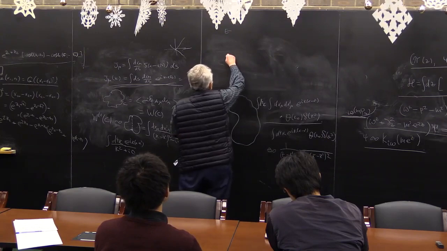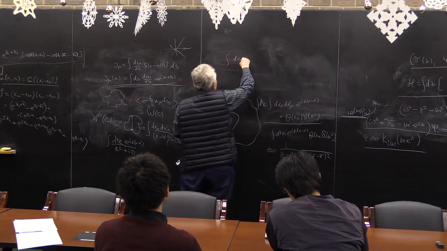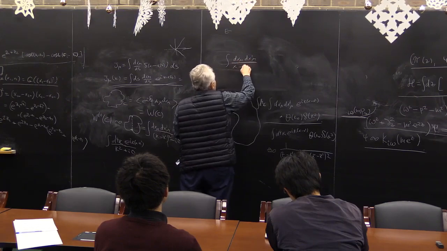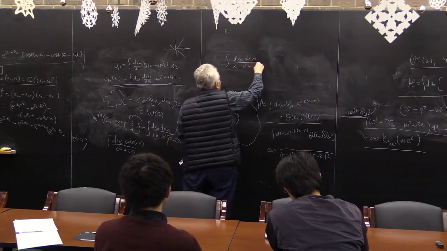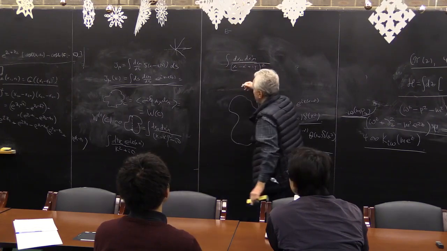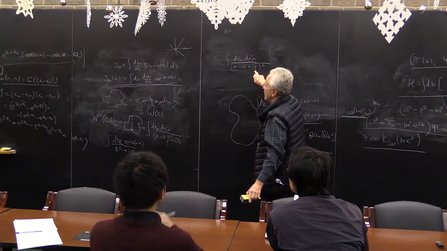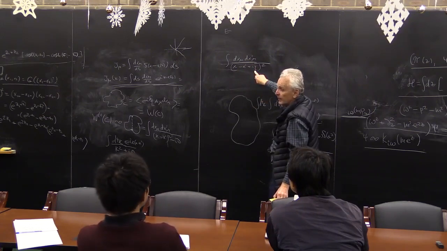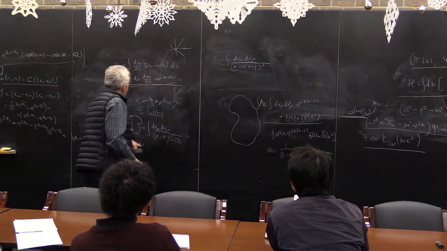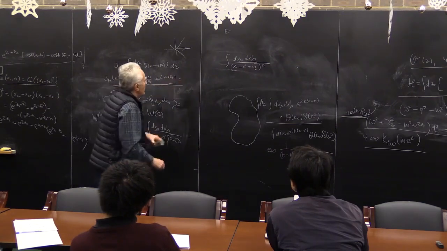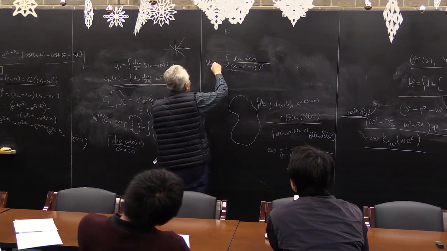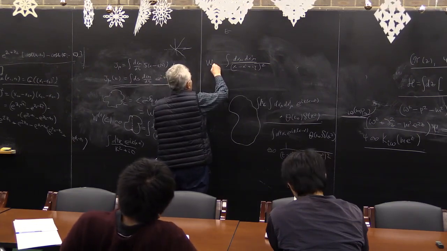And the answer will be the integral of dx mu dx prime mu over (x minus x prime plus I eta) square, where eta is, that's more covariant, a vector, a time-like vector, any infinitesimal time-like vector. While here it's the same expression. So this is the probability for emission.